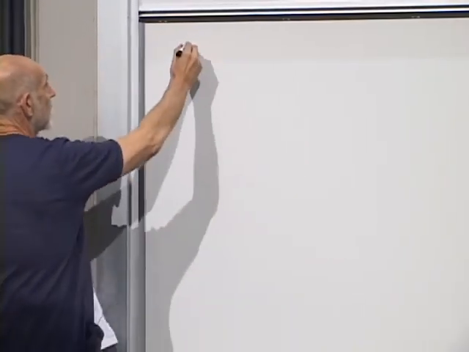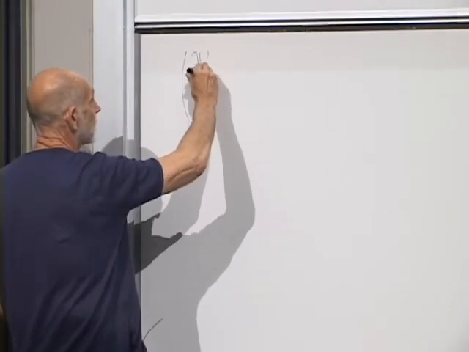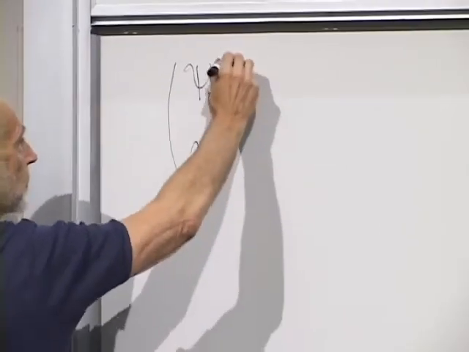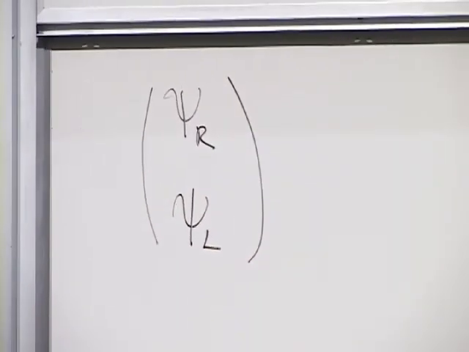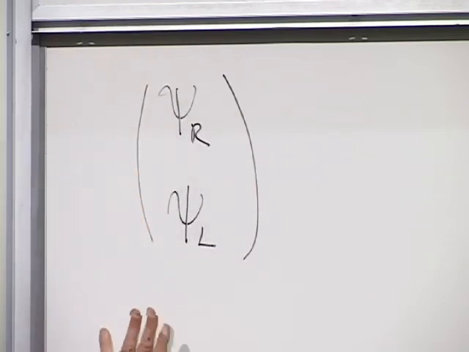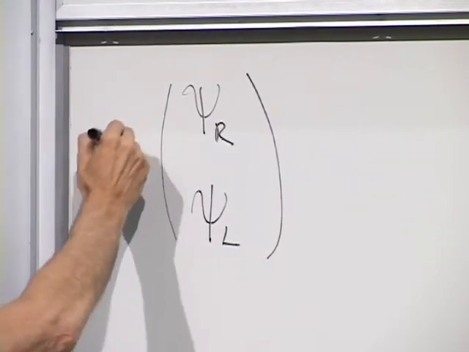Let's take psi right and psi left and put them together and make a column vector out of them. Now this is purely notation. There's no physics in it, but it's a notational trick which we'll use over and over again. All right. And then rewrite this equation in the following way.